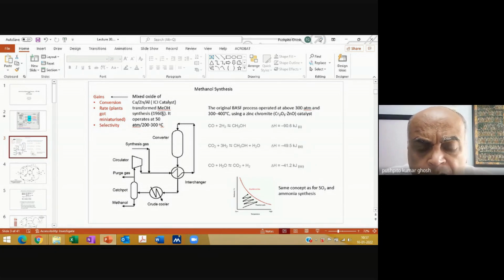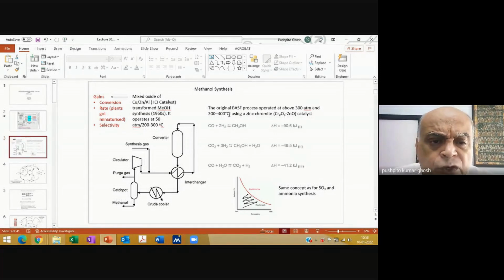So we are talking about a good 40 years after that, that this new catalyst was made. And remarkably, this catalyst could operate at 50 bar. You can imagine from 300 atmosphere going down to 50, and a lower temperature also, 200 to 300 degrees, whereas this was 300 to 400 degrees centigrade.